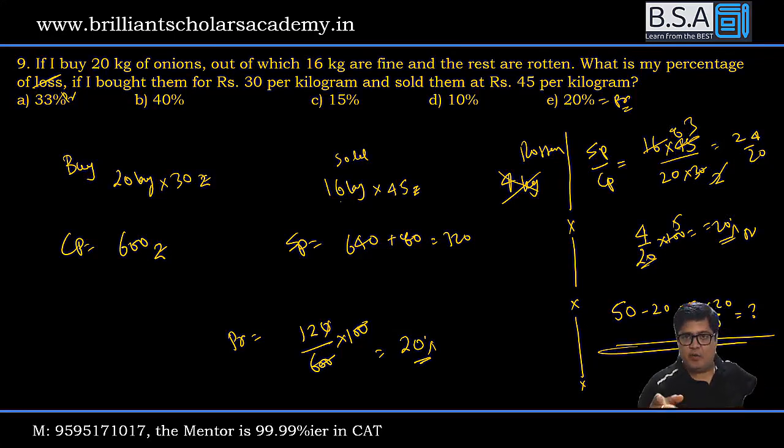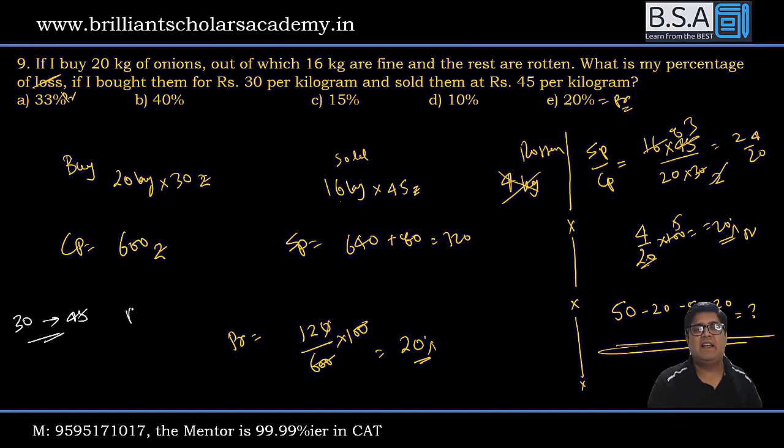What is that notation that I have written for you? What is that, 50 minus 20 minus 50 into 20 upon 100? That is profit percent. Let me elaborate that in a single calculation here. I have changed the price from 30 to 45.